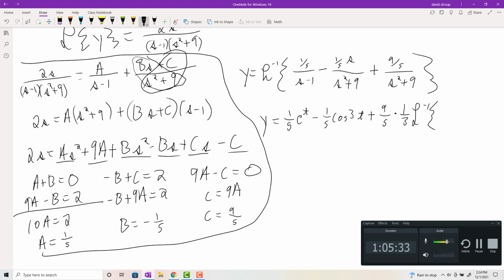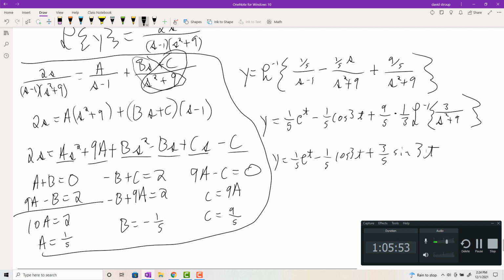Because you kind of need to smush in a 3 in the numerator. Okay, so you get y equals 1/5 e to the t minus 1/5 cosine of 3t plus 3/5 sine of 3t. And that'd be it. That'd be your answer there.